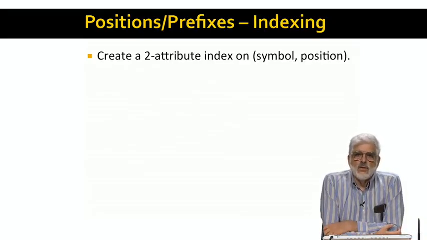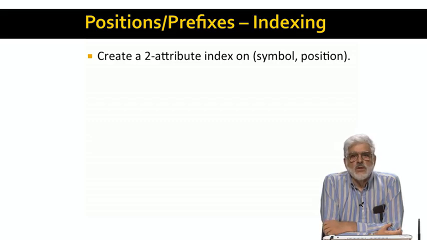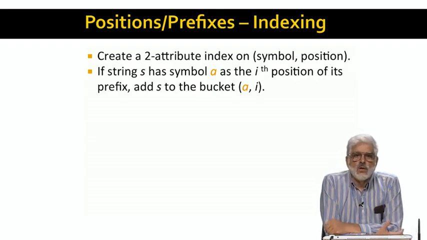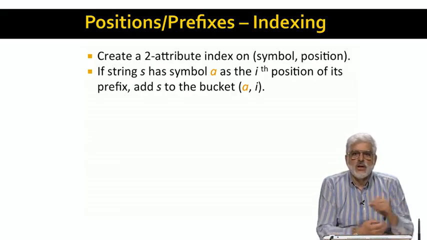To take advantage of the limit on little j that we derived on the previous slide, we're going to create a more complicated index structure where buckets correspond to pairs consisting of a symbol A and a position i. To index a string S, we look at all the positions in its prefix. The definition of the prefix hasn't changed.